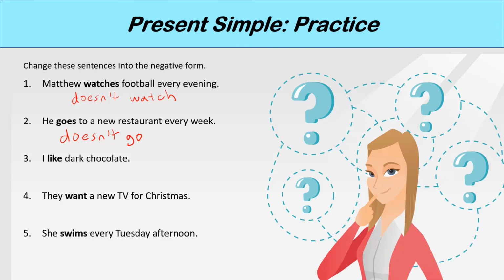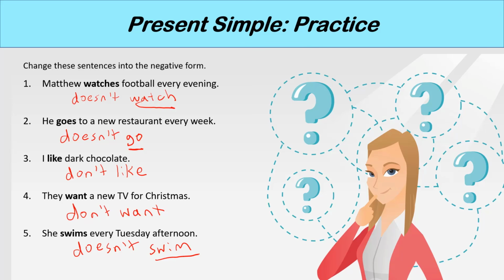Remember that in the negative and interrogative form, we do not conjugate the main verb. So the main verb stays the same. Watch, go. Number 3, I don't like dark chocolate. Number 4, they don't want a new TV for Christmas. And number 5, she doesn't swim every Tuesday afternoon.